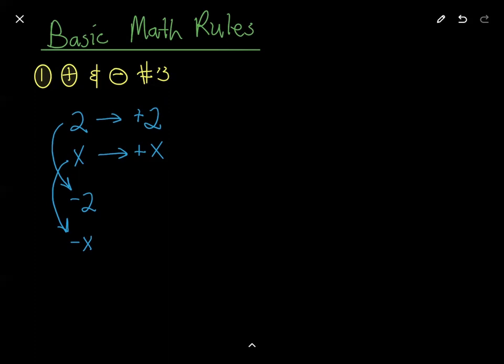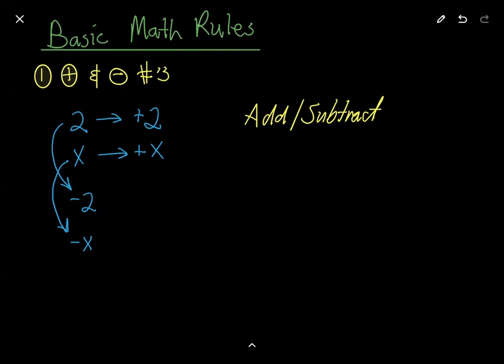Now, the second part of this has to do with how we deal with mathematical operations associated with negative numbers. If we're going to add or subtract numbers with signs, there are rules we have to follow, and they're pretty easy as long as you memorize the ones that are a little more confusing.